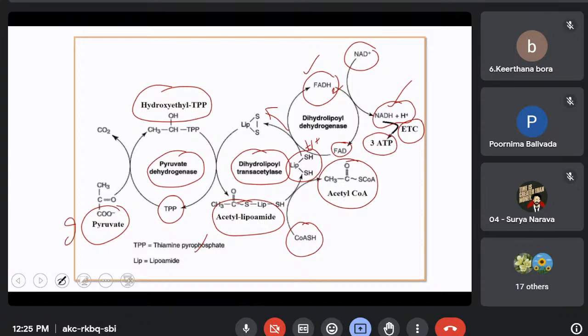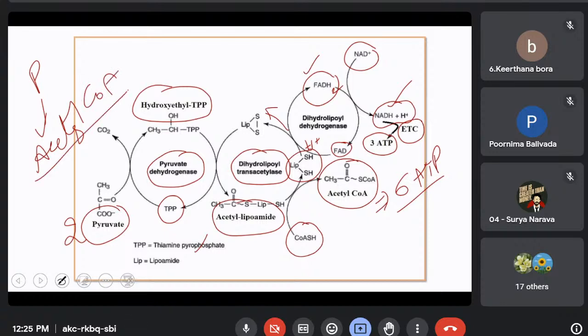As 2 pyruvic acid enter the cycle, here from this reaction 6 ATP are produced during aerobic respiration. So far we have seen the conversion of pyruvic acid to acetyl coenzyme A.